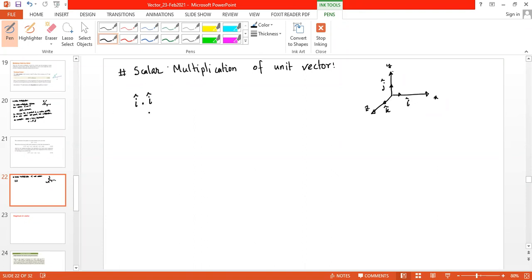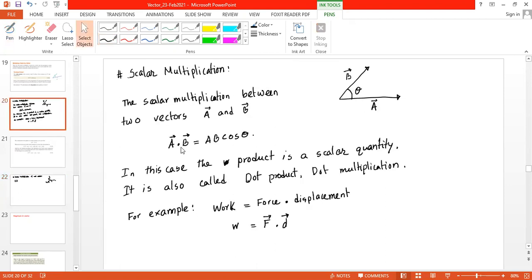That's I dot I. By the way, what is the magnitude of I? The magnitude of I is 1, right? We saw a while ago that if you multiply two vectors A and B, then the result would be magnitude of A, magnitude of B, and cosine of the angle between them.